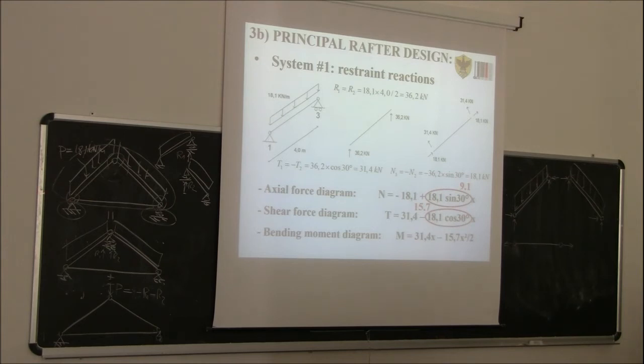Okay. So basically, when I add this restraint here, I found this restraint reaction. Since in reality this restraint is not there, I need to solve another system where I have applied the restraint reaction but opposite. Okay?